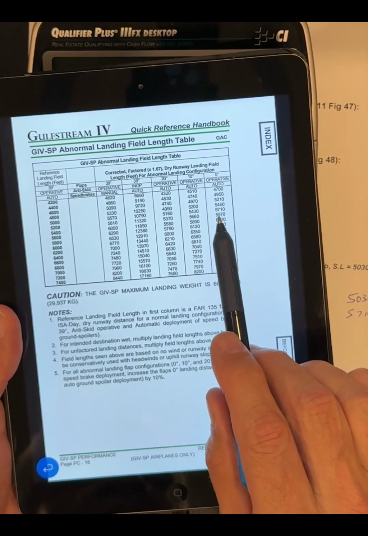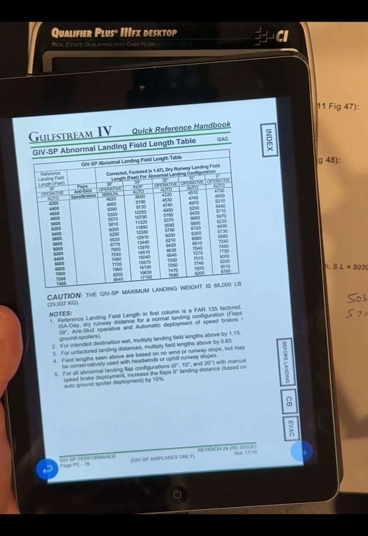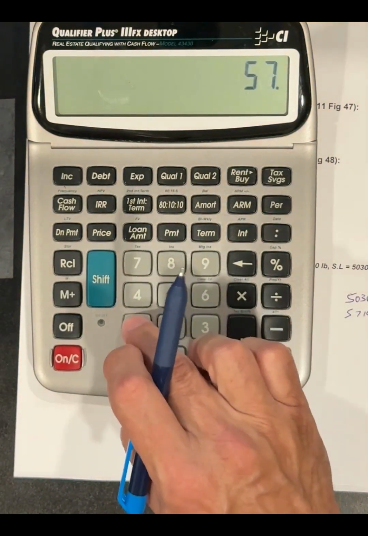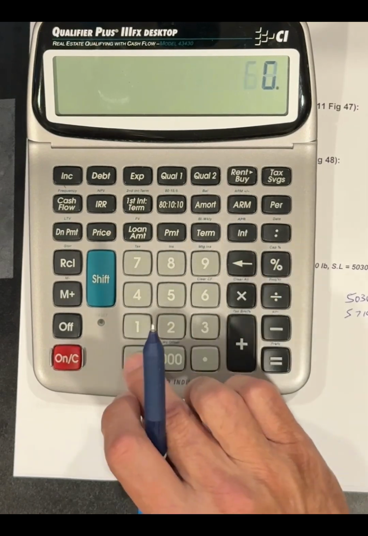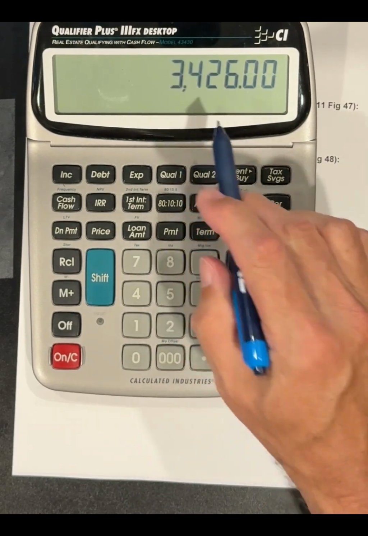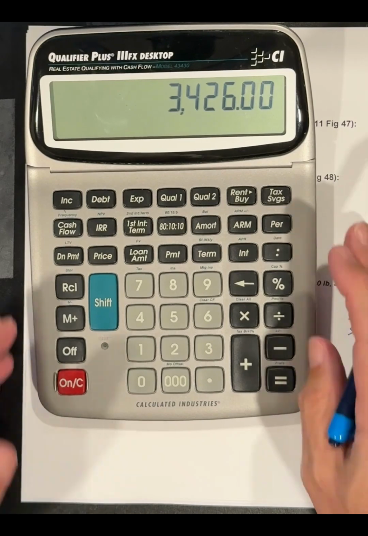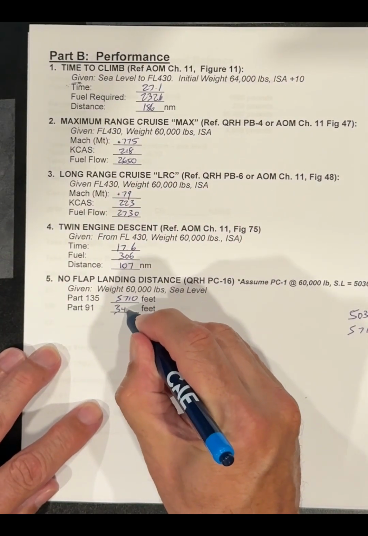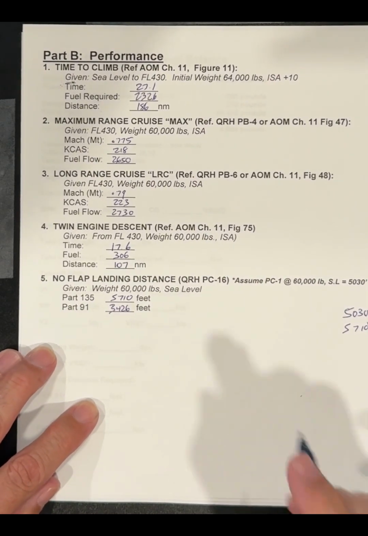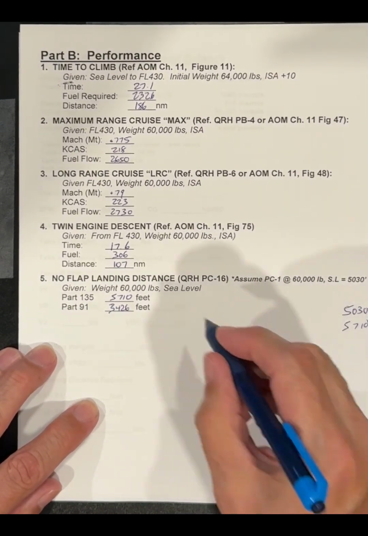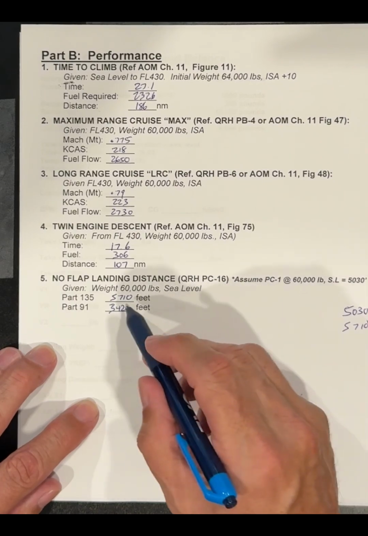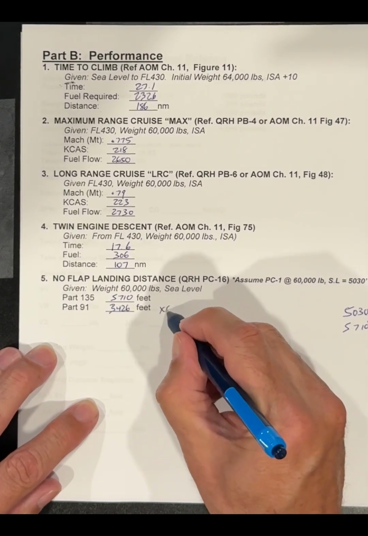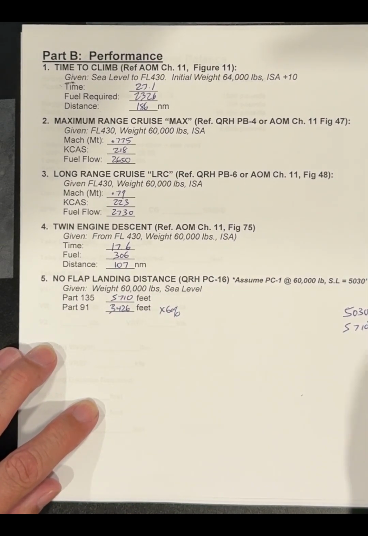All right, so 0 flaps, 5,710 feet. 5,710 feet times 60%, 3,426. So we will write 3,426 feet.